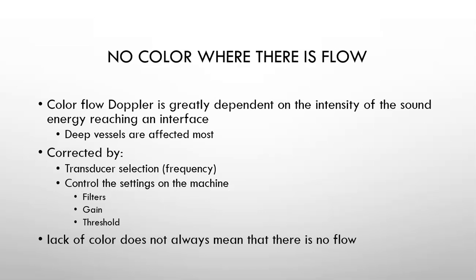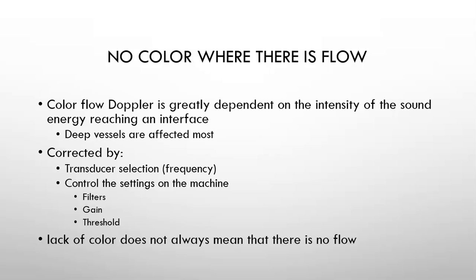In the case where there's no color where there is flow, color flow is very dependent on the intensity of the sound reaching an interface, and so one of the things that often can be done is to select a different frequency in order to improve the signal.